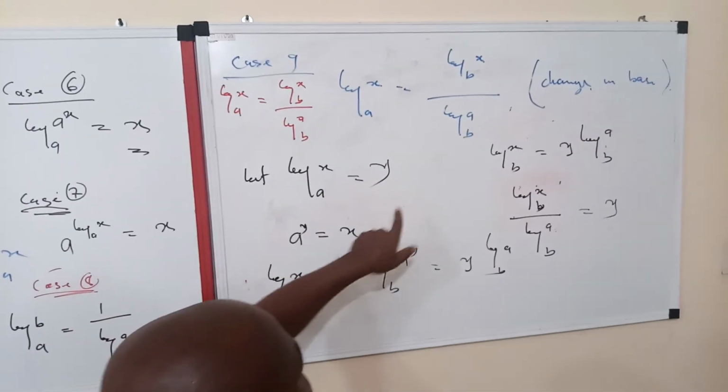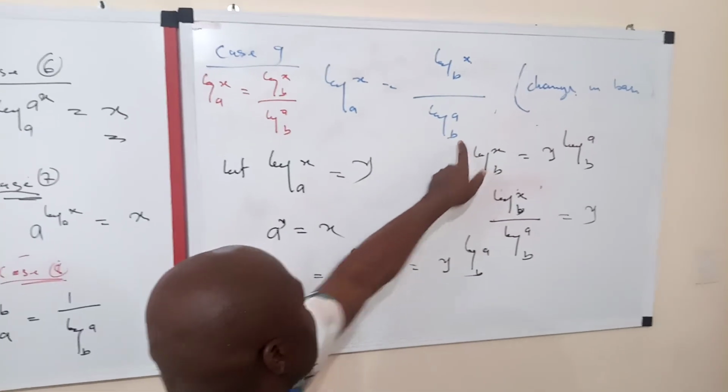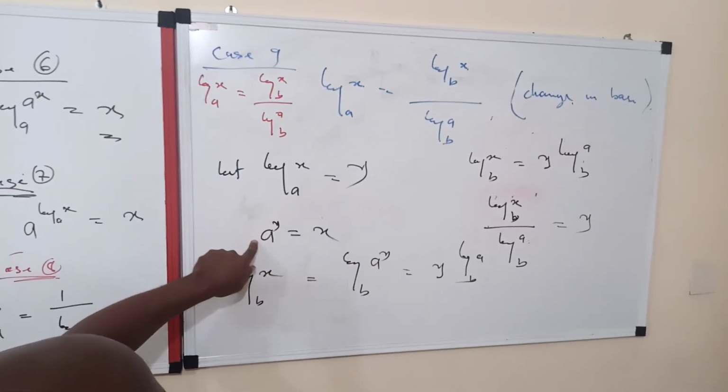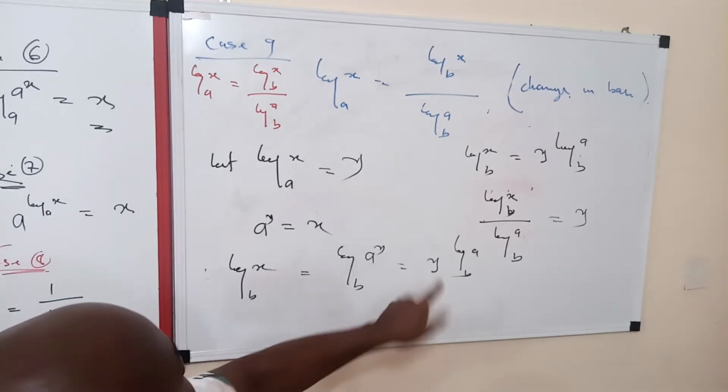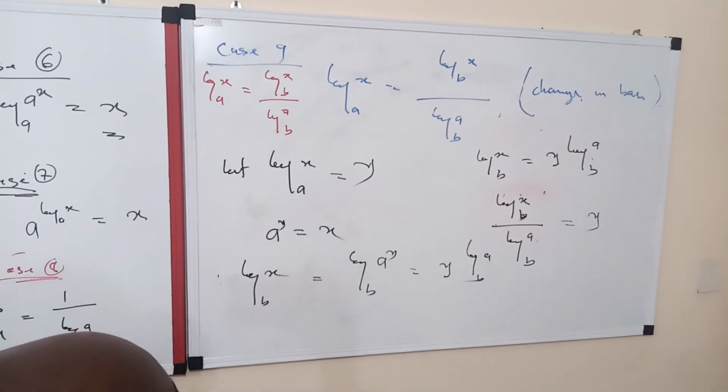So what we just did is just change of base, where we took the log of these individual terms and simplified it, and you see that everything is straightforward.